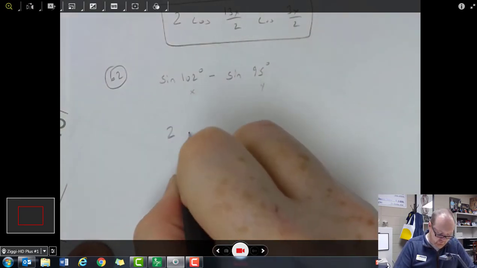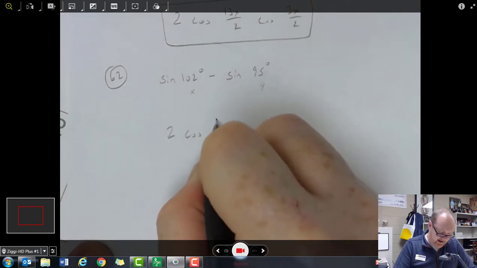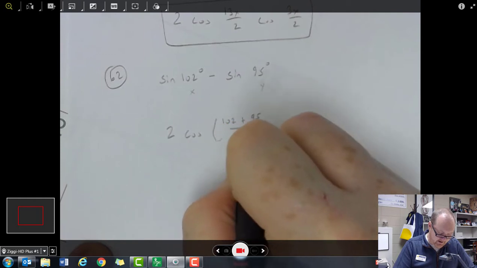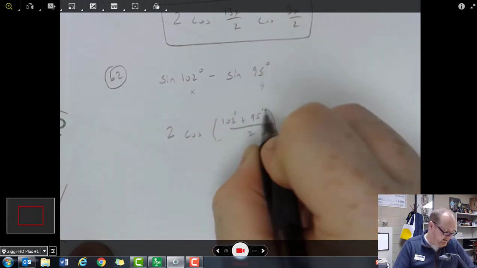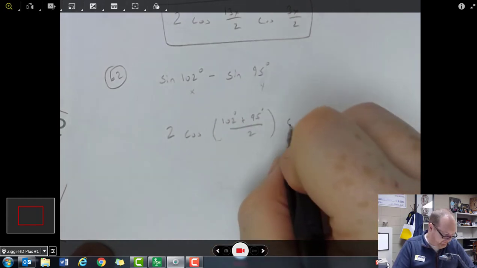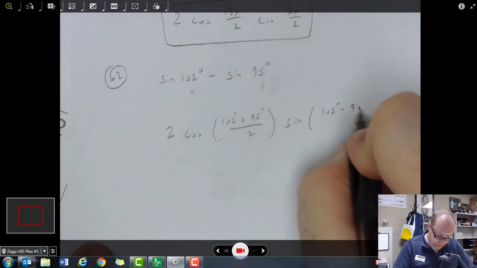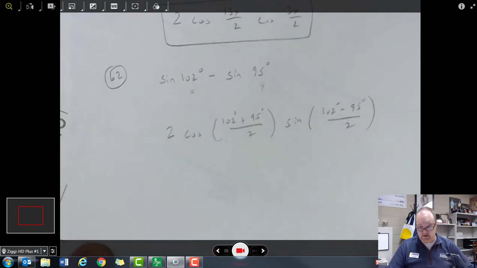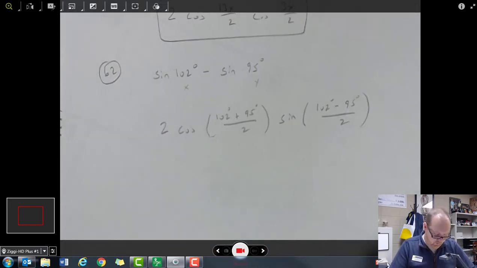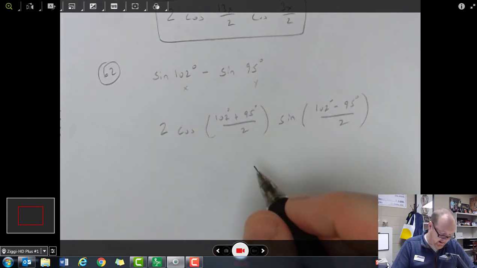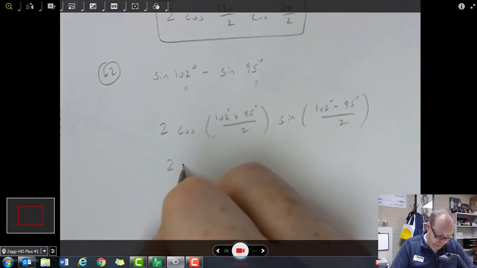And so that says 2 times the cosine, and it tells me to add x and y together and divide by 2. And then multiply that by the sine, and it says to subtract those two things. Once more, we can't cancel 2's there. We aren't able to do that. But I can do the arithmetic.